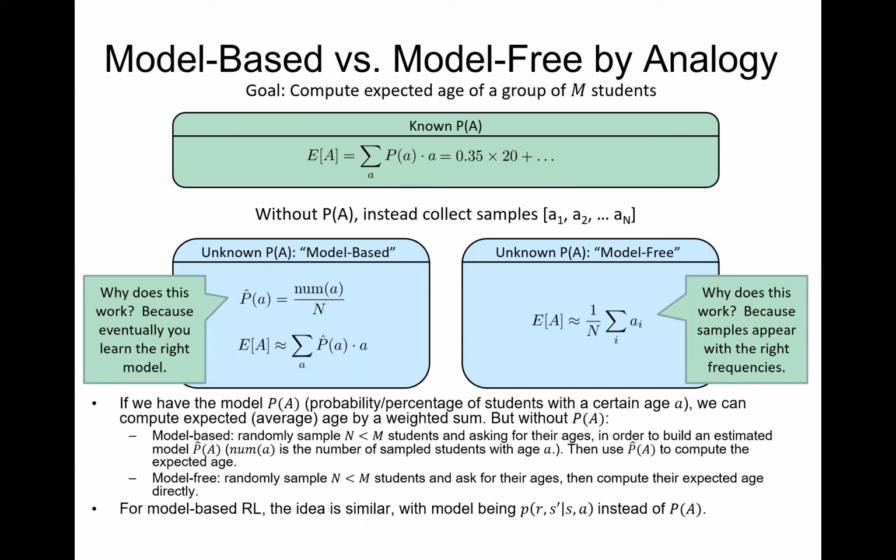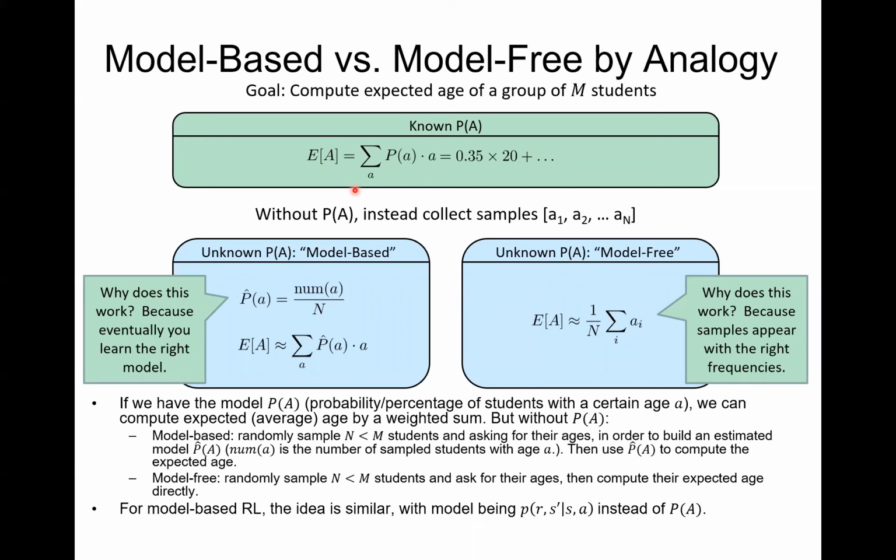Suppose you want to compute the expected age of a group of M students. If you know the probability distribution, the percentage of students with a certain age a, that is P. Capital A is a random variable.